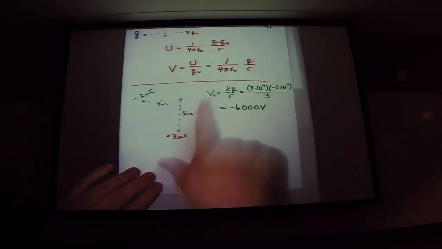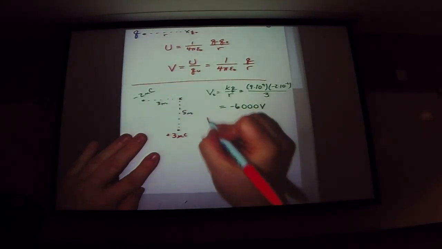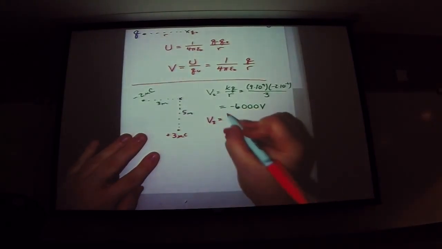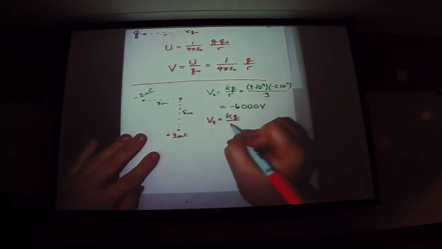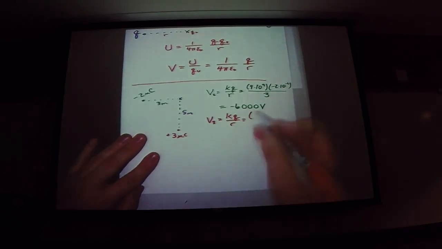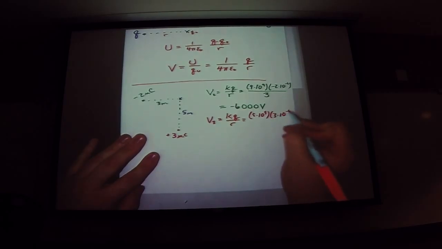Now let's do the other one. V3 equals kQ over r. 9 times 10 to the 9th times 3 times 10 to the negative 6, divided by 5.